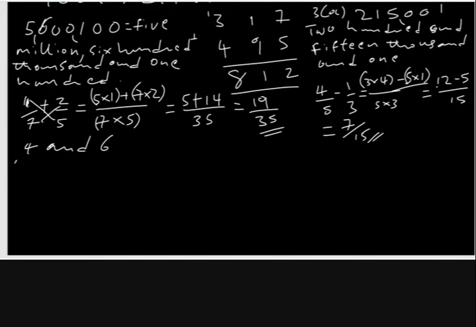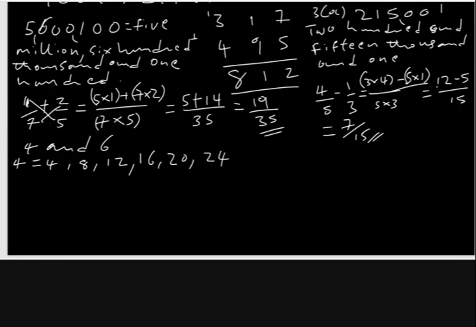Remember, we get the multiples of 4. 4 is equal to 4 times 1, which is 4, comma. The next one is 4 times 2, which is 8. 4 times 3 is 12. 4 times 4 is 16. 4 times 5 is 20. 4 times 6 is 24.